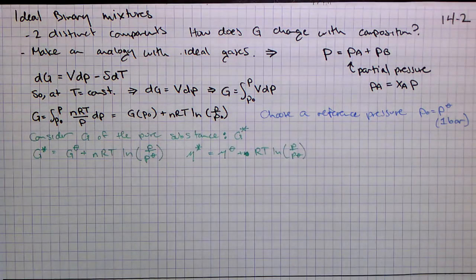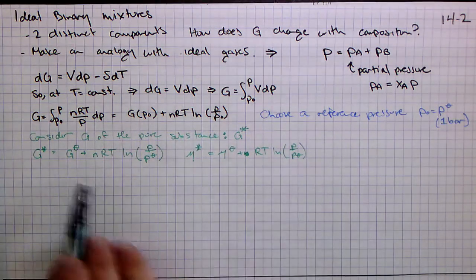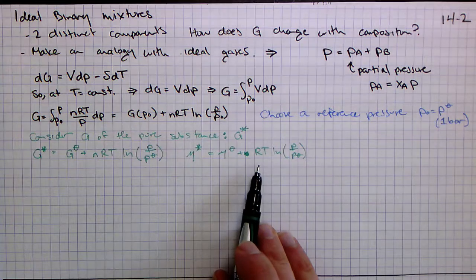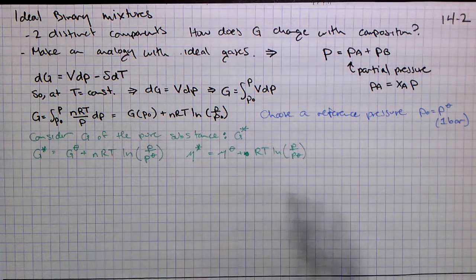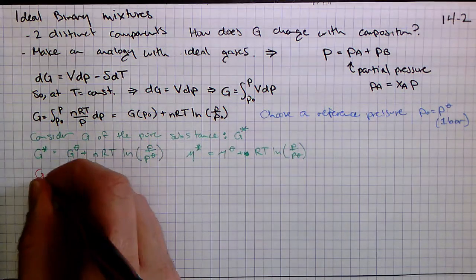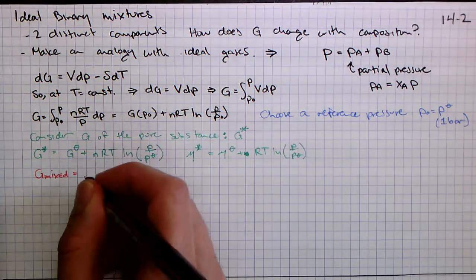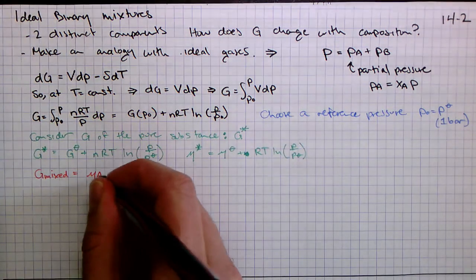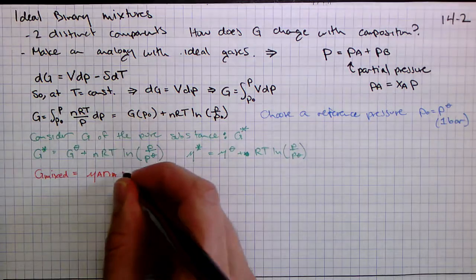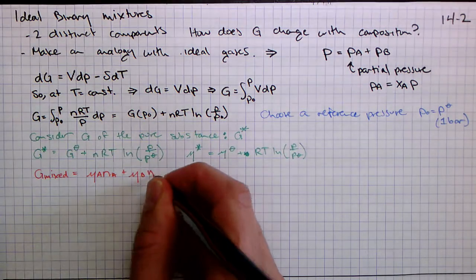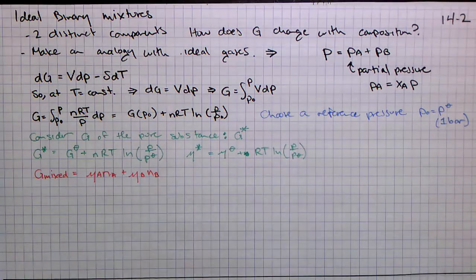Okay. So now if we consider a mixture, since we have a sense of what the chemical potential should be for the pure substance, we can write down an idea of what G would be for the mixture. So G of the mixture is going to be equal to mu A times Na plus mu B times Nb, right?